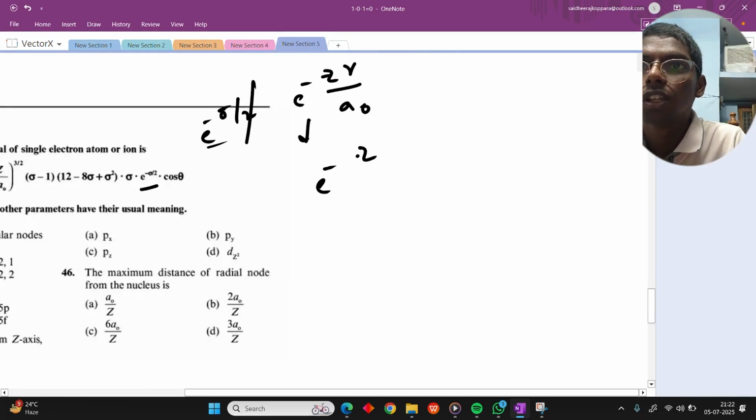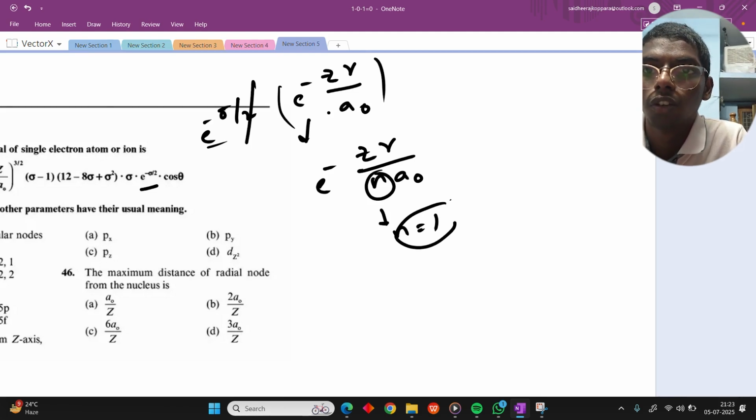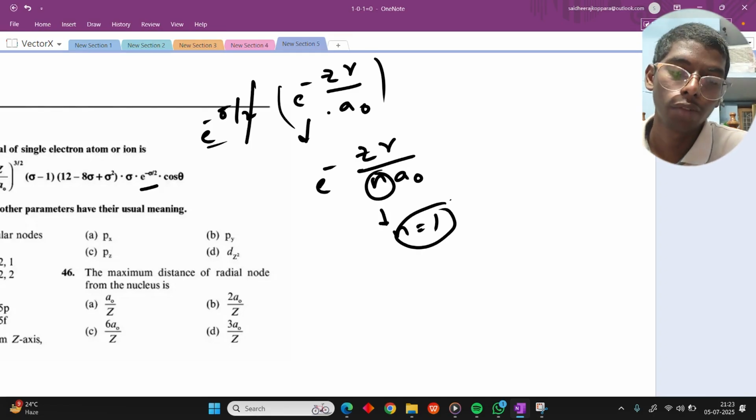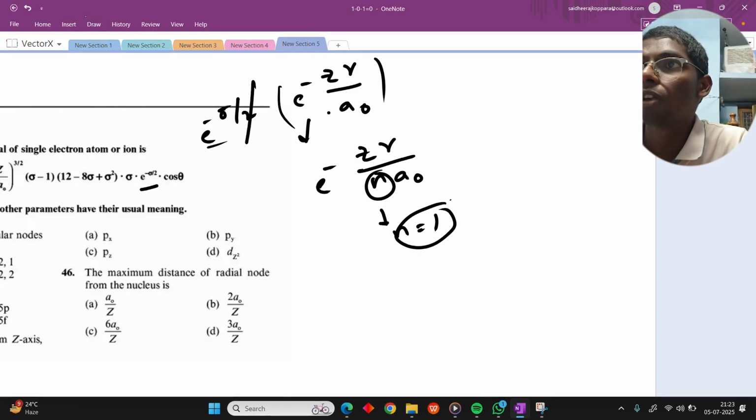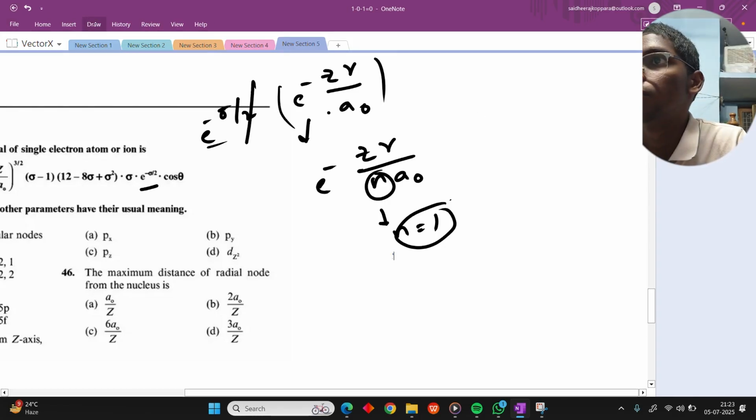In general, you compare this value. If you assume this is your exponential part, then your value of n will be equal to 1. That's how you determine it. In this question they haven't given anything about the value of n, so it's not necessary to teach, but I am teaching.